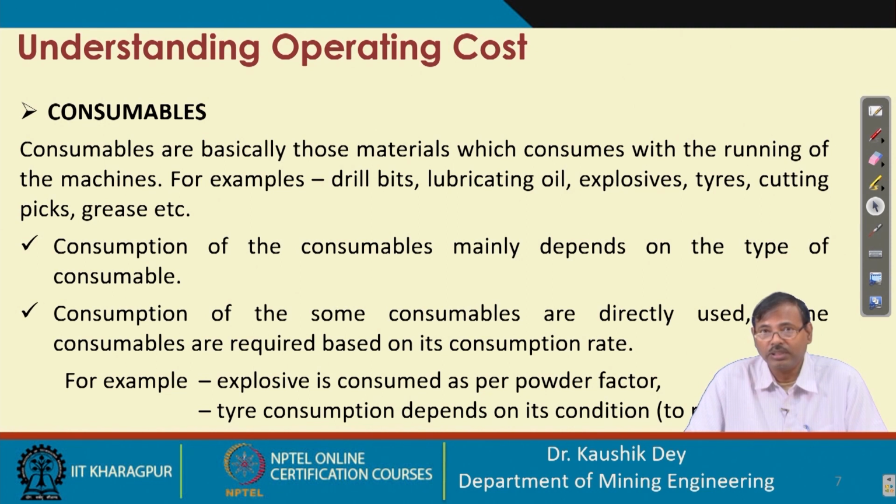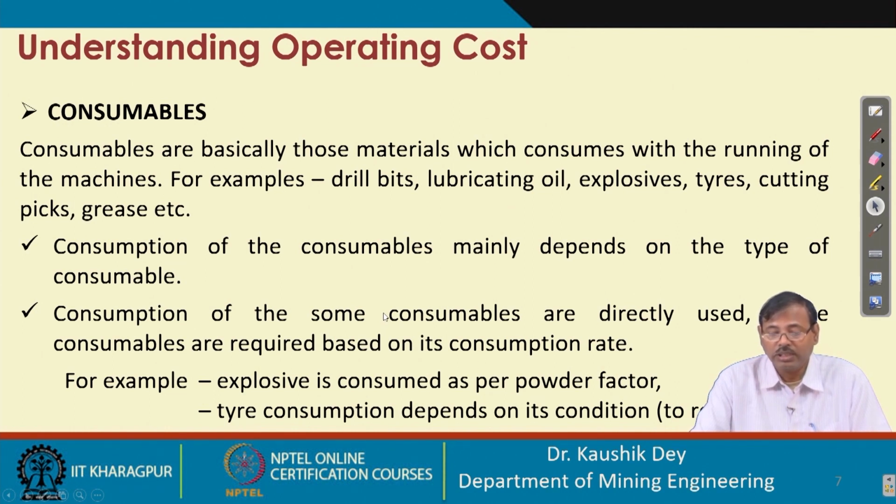Their consumption depends on the conditions of operation, but they are not direct consumables, whereas explosive is directly consumed, whatever you use is immediately consumed. The consumption rates depend on the consumable: explosive is consumed as per the powder factor, and tire consumption depends on the road condition, based on which you check whether the tire has to be replaced or not.